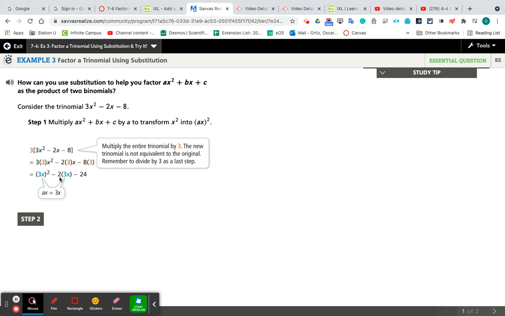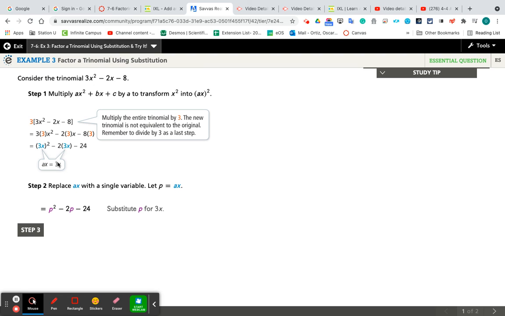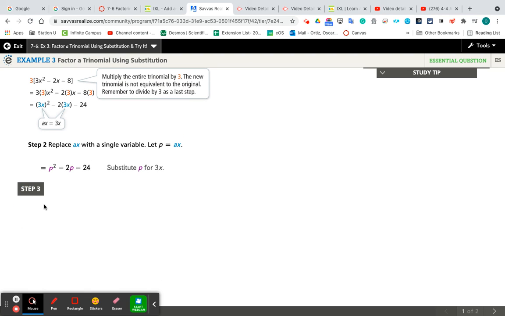So this one here follows the same pattern as the ones we did in lesson 7-5. The only difference is that instead of x, we'll have 3x. So now if we think of this as p, we get p to the second power minus 2 times p minus 24. And this, again, we know how to factor, as we learned in lesson 7-5.